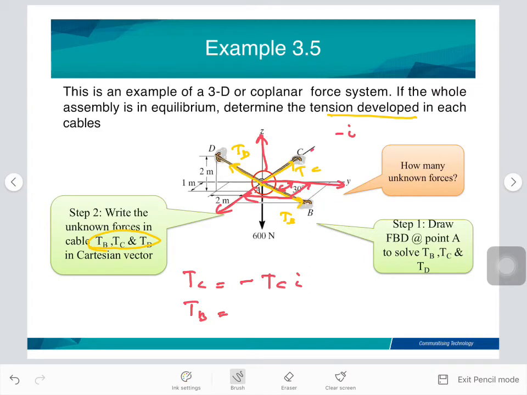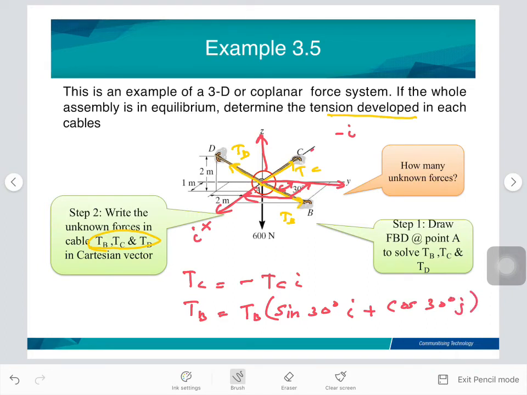Now we look into the X direction, the I direction. You can resolve TB: sine 30 I, plus cos 30.